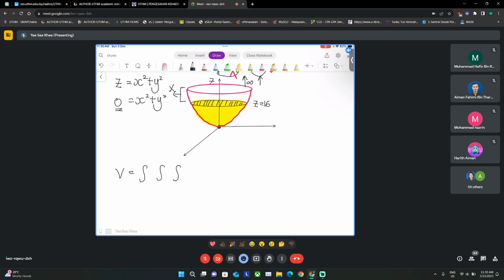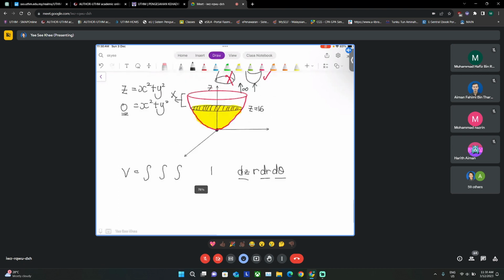If you want to solve using the cylindrical coordinate system, meaning that you need to define the z, you need to define the r, and also the theta. So how to define the dz?